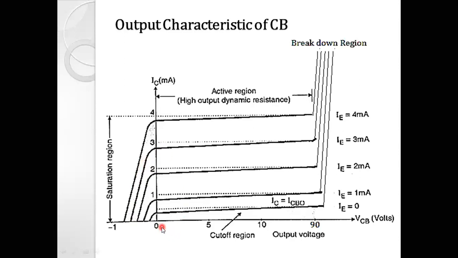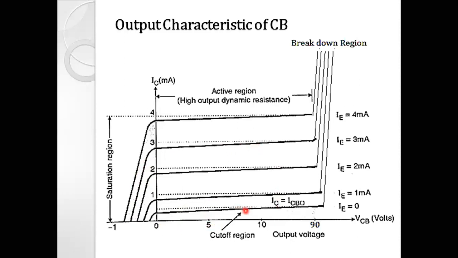So here you can see that when we increase VCB by a larger magnitude, IC increases by only a small margin. So you can see that here the curve is almost flat.